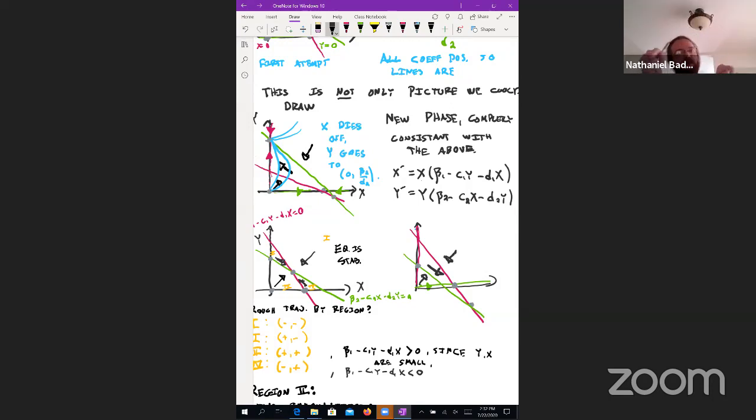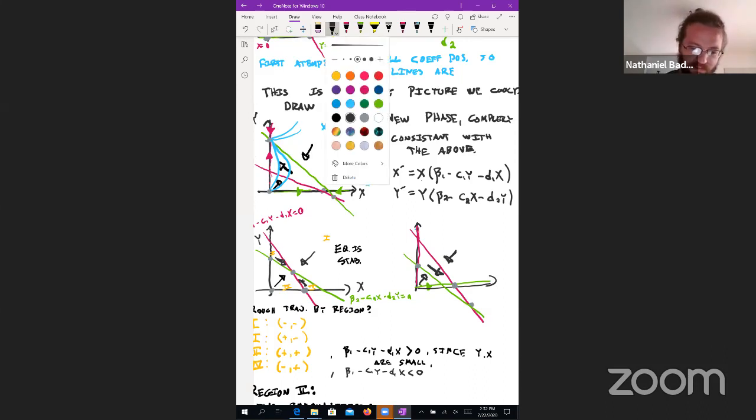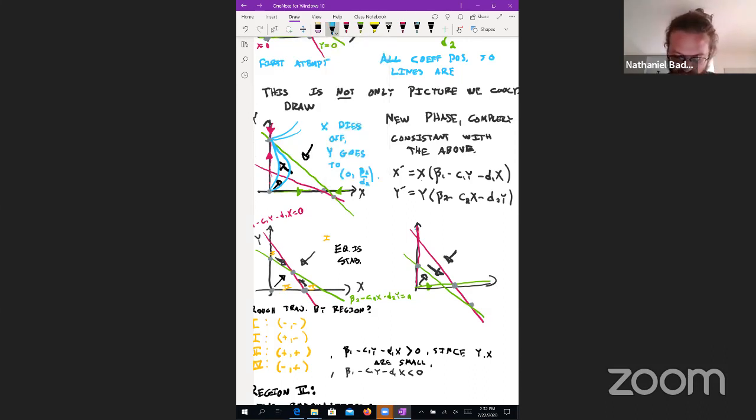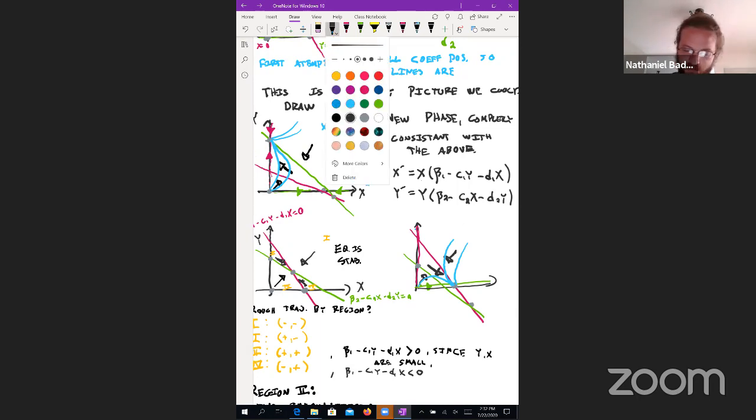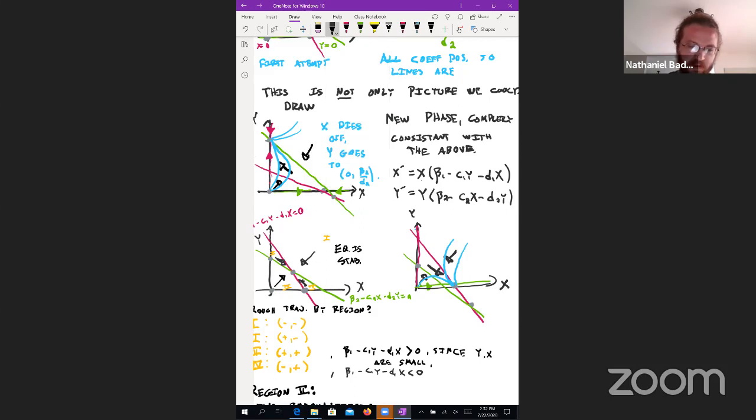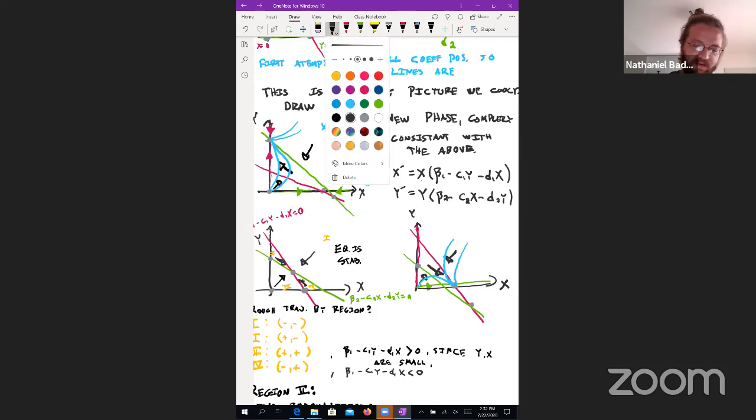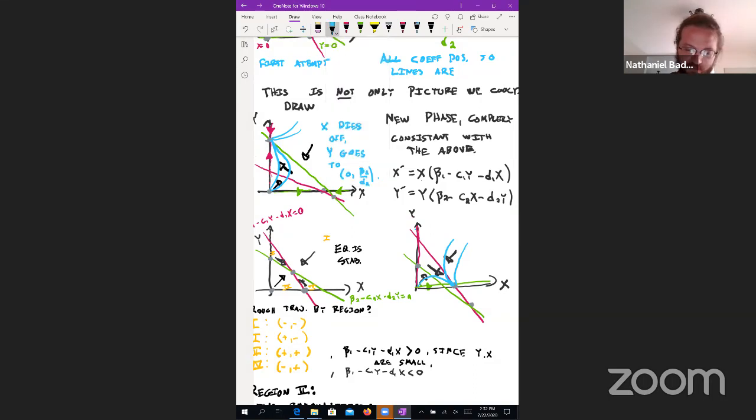And so we get the same behavior, but effectively reversed. So in this case, all the Y's die off and X approaches equilibrium.